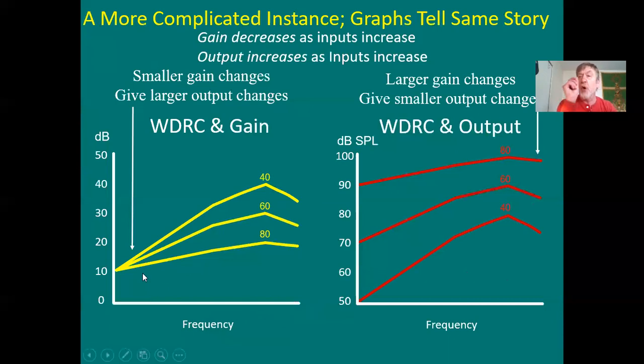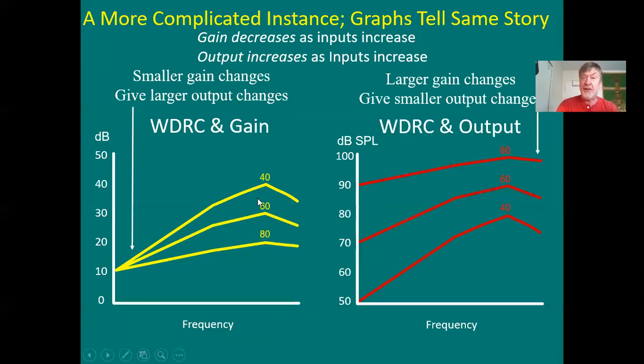And maybe the guy's got no hearing loss in the low frequency, so you're not asking for much gain in the lows at all for any input. That's why the lines all join together, perhaps. So if this is the story you want for the gain, more treble gain for soft inputs, less treble gain for average, and less treble gain for loud inputs, well, if you talk that story in terms of output, look at how different the lines look. You're telling the same story, but this one might have been in German and this one's in Polish. But the same story is being told.